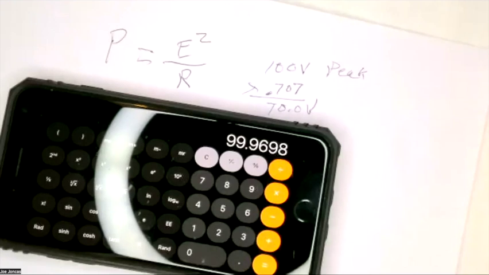If you have an AC signal, a sine wave AC signal, and you multiply the peak voltage of that by 0.707, that will give you the RMS value, which is root mean square.